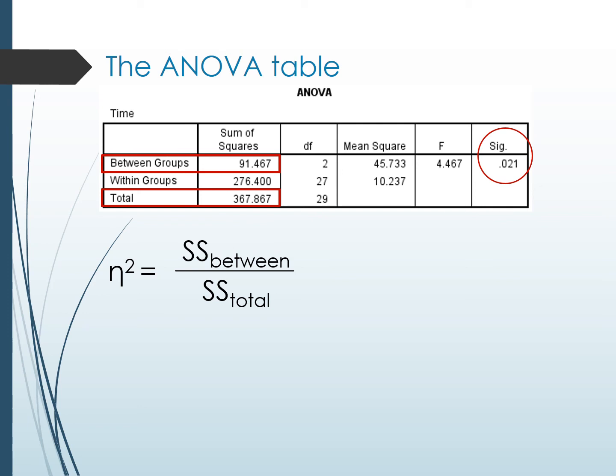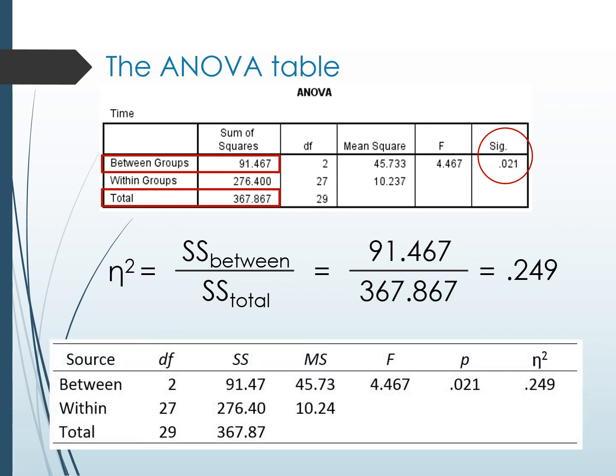To calculate this effect size from this ANOVA, you divide the value for the sum of squares between groups by the value for the sum of squares total. In this case, it's 91.487 divided by 367.867, which is 0.249. This means that 24.9% of the variance in the dependent variable can be explained by the independent variable or the group membership. The value for eta square should be reported in the text or in an APA formatted ANOVA table as shown here.